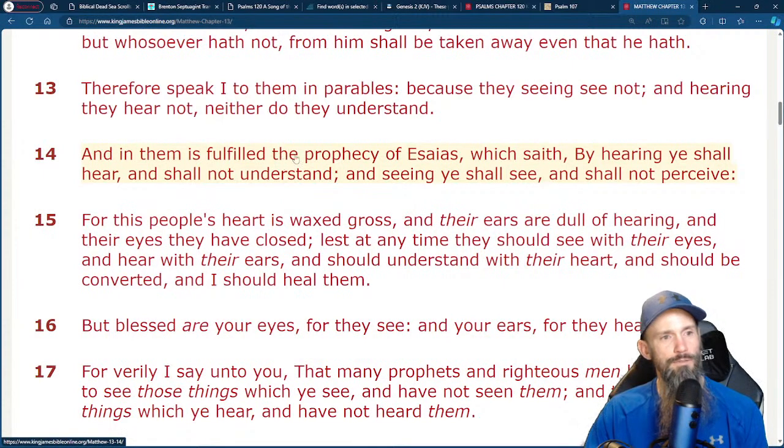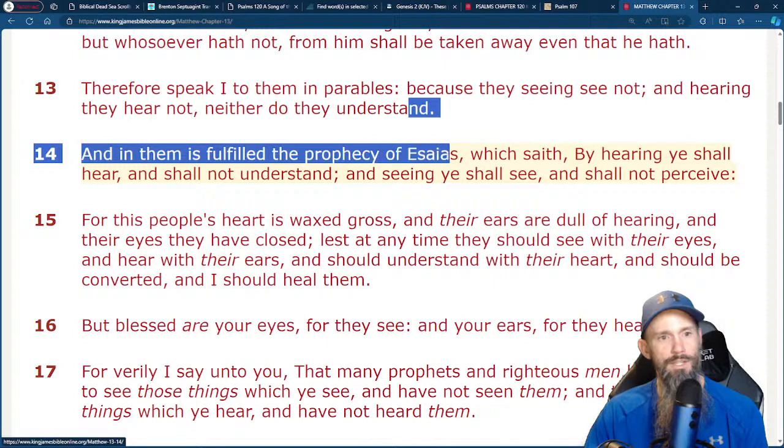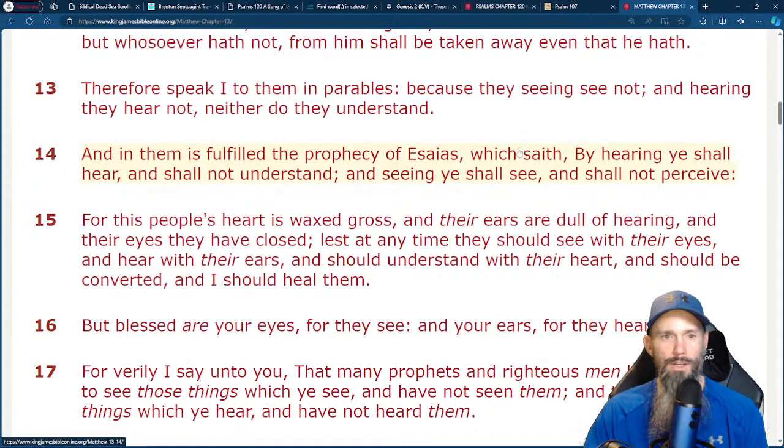And in them is fulfilled the prophecy of Isaiah. This is the Greek. His name was translated into Greek, and then into English. It's Isaiah in the Old Testament, which saith, By hearing you shall hear and shall not understand, and seeing you shall see and shall not perceive.